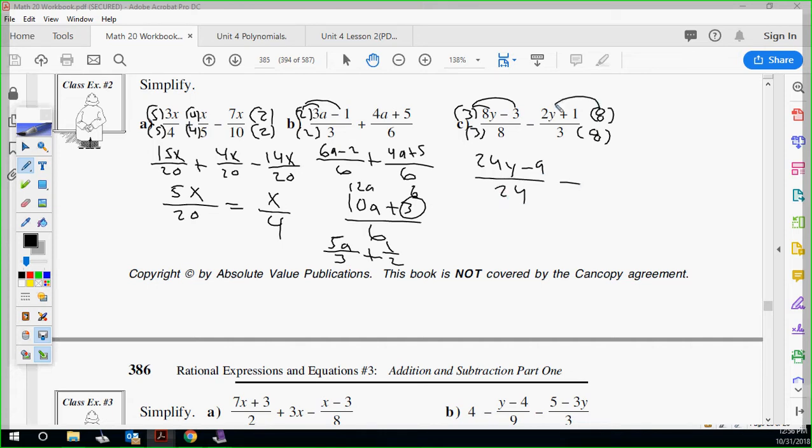Minus, remember distribute, 16y plus 8 over 24. Now it's important when you're minusing, it's minusing both things. So it's minusing 16y and it's minusing 8. So to simplify, you have 24 minus 16, so I have 8y. I have negative 9 minus 8, so I have minus 17. And you can just leave it like that.